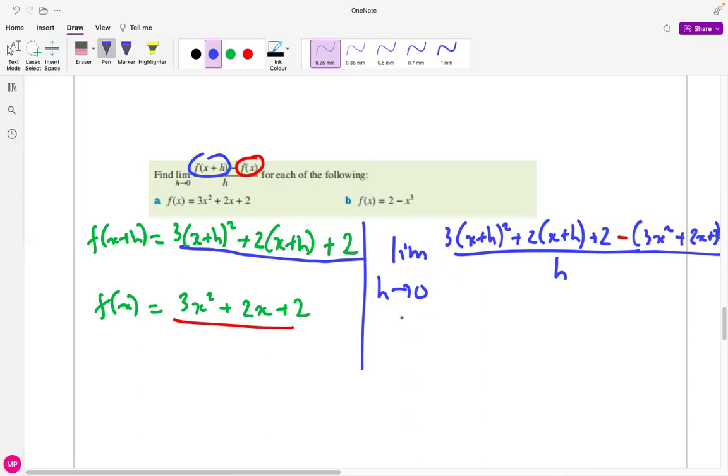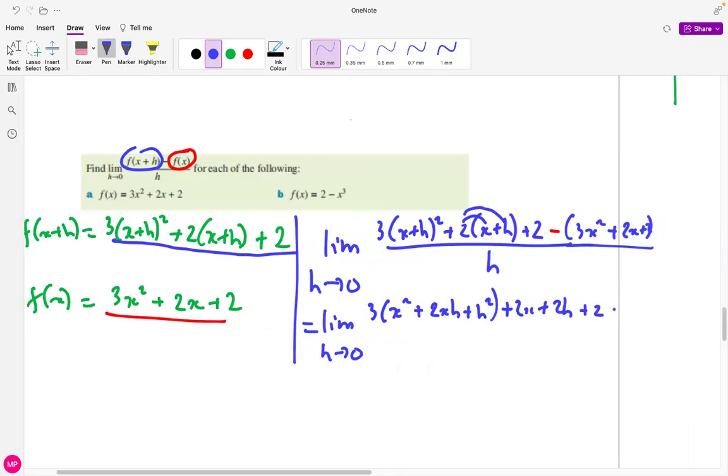So you keep the limit outside, then you do 3 times x plus h squared, which is x squared plus 2xh plus h squared, and then you expand this one now. You have plus 2x plus 2h plus 2, and then minus 3x squared plus 2x plus 2, over h.